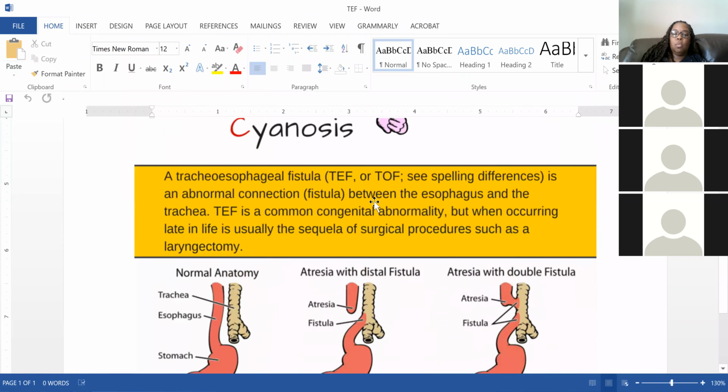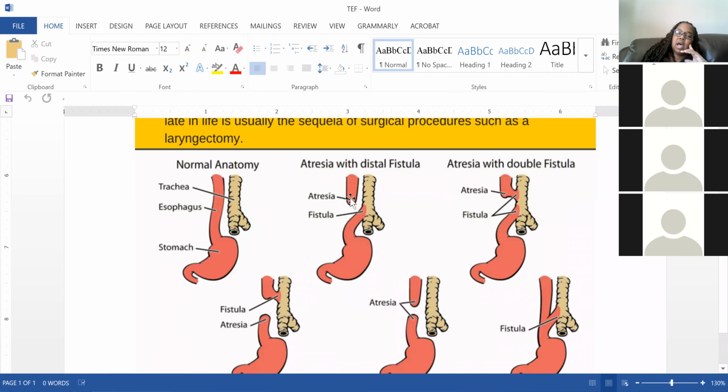So in one version, the trachea stops, the esophagus stops, but here's your fistula connected to the lower portion of the trachea. So now you have things that can get into the bronchial tract here. But this is an atresia with a fistula. Here you can have 2 connections. So you can have a narrowing, which we see here, and then we can have it connected to 2 separate areas of the trachea.